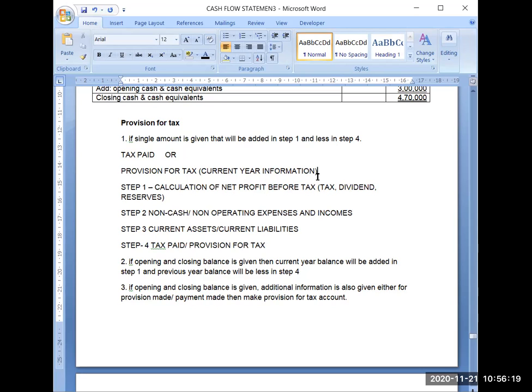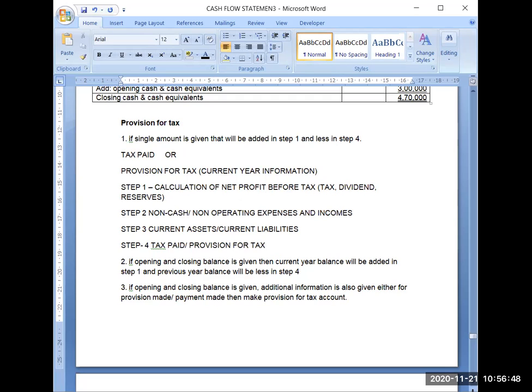So we will be assuming that this is the current year provision also, same amount of provision of tax we will be making for the same year also, and we will be paying the same amount of tax also for the last year. So for that reason, we will add this in either of these informations in step 1, while calculating profit before tax, and we will deduct the same amount in step 4.